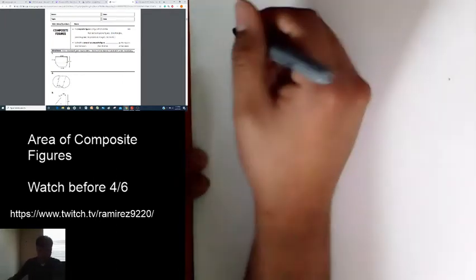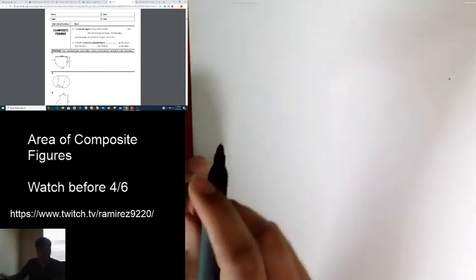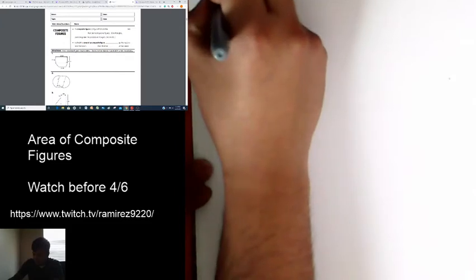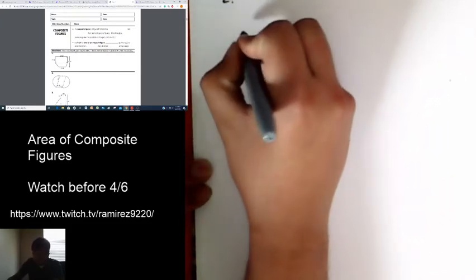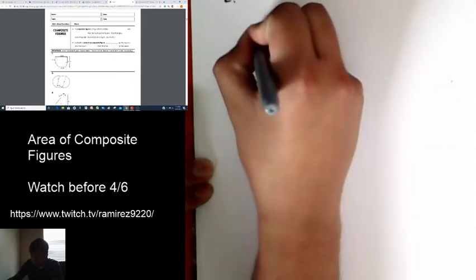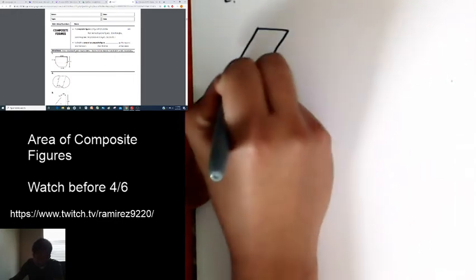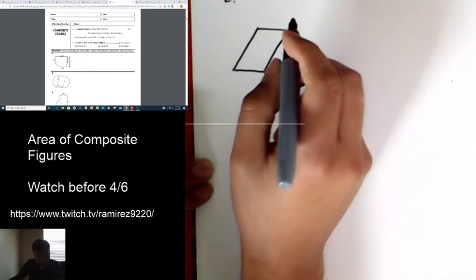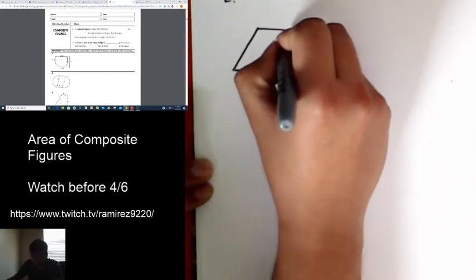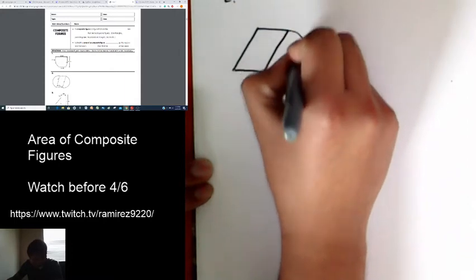On example number 2, let's see if I can draw this one. We have a parallelogram, and then we have some semicircles.